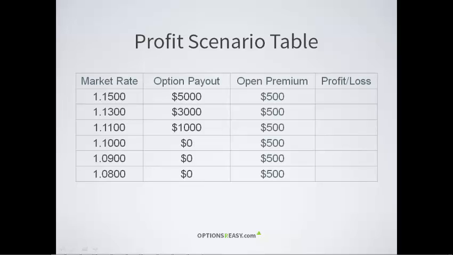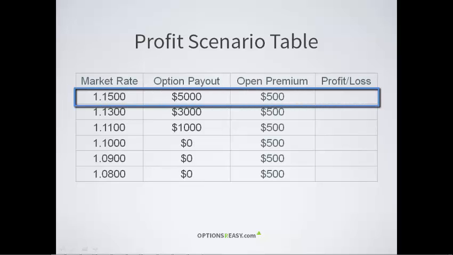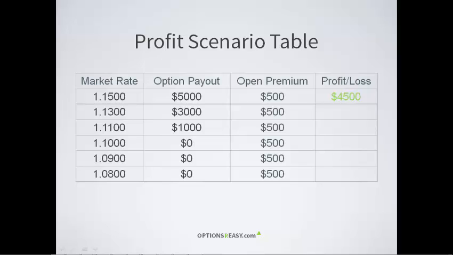So just focusing on the top row, when the market rate is 1.15, we know that the option is worth $5,000, but we originally paid $500 for the option, so of course our profit is simply the difference between these two values, which is $4,500.